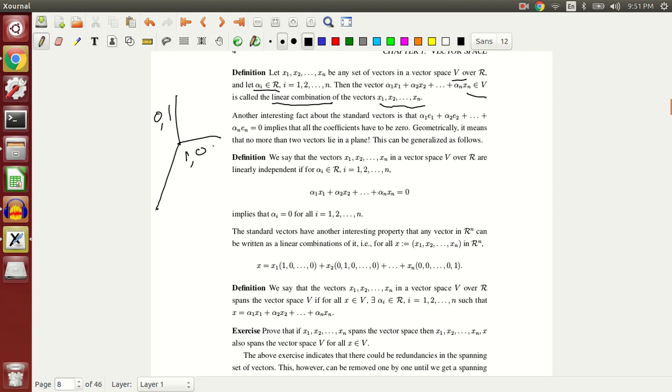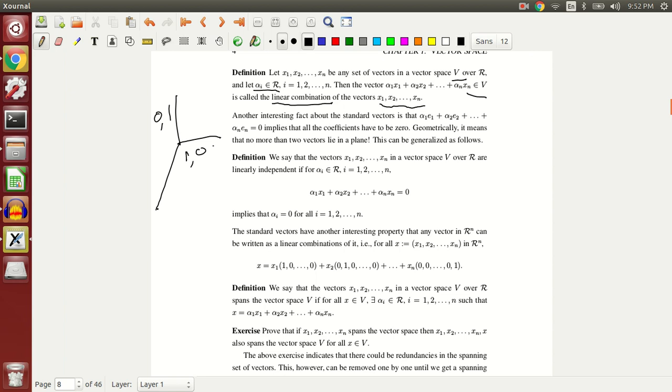Now this can be generalized as follows. We can say that vectors x1, x2, xn, let them belong to vector space V over R. Let them be linearly independent if, for alpha i that belongs to R, where i takes the value from 1 to n, the sum of alpha i xi adds up to 0.